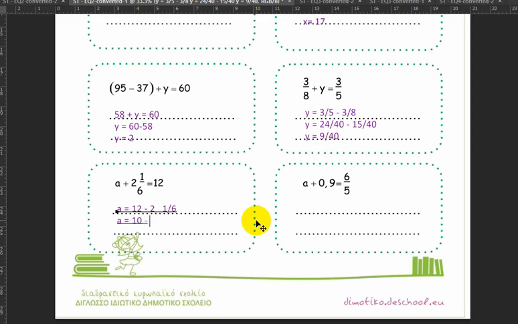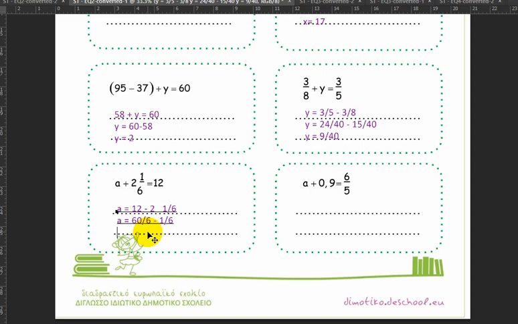So we'd have to do 10 minus 1/6, which might seem a little difficult, but you can remember that we can turn this into a fraction that has sixths simply by multiplying it by 6. 60 sixths.